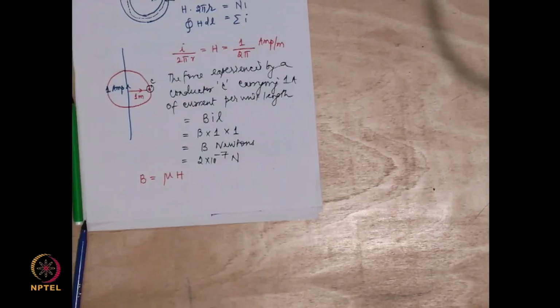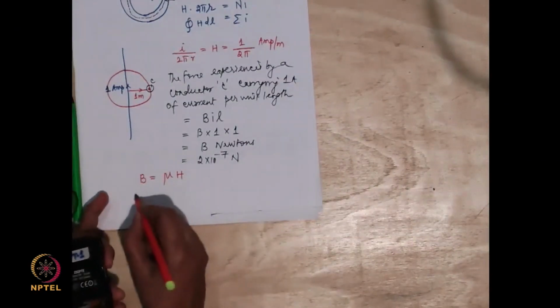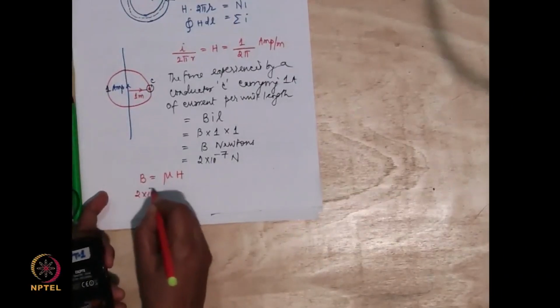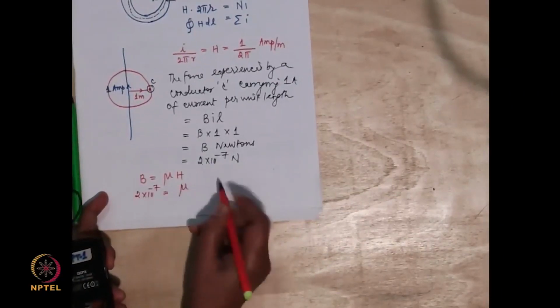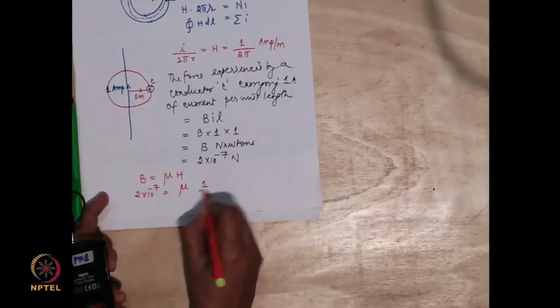And we have taken basically that we have placed a conductor probably in air or vacuum or whatever. And the moment we say the force is 2 into 10 power minus 7, we have to assume that it is probably placed in a non-magnetic material. That is how ampere is defined in SI units. So, I should say from this that 2 into 10 power minus 7 equal to mu multiplied by 1 by 2 pi.